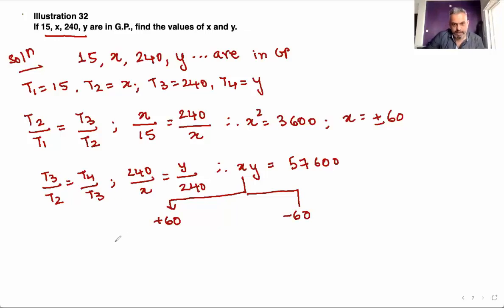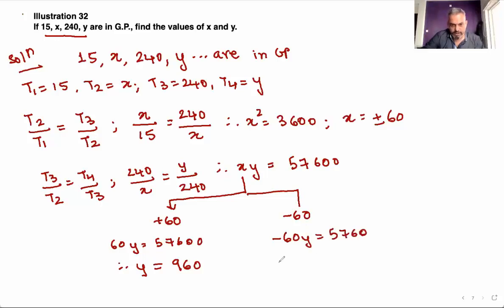So taking x is equal to 60, 60 into y is 57,600. Therefore, y is equal to 57,600 divided by 60, which is equal to 960. Minus 60 into y is 57,600.